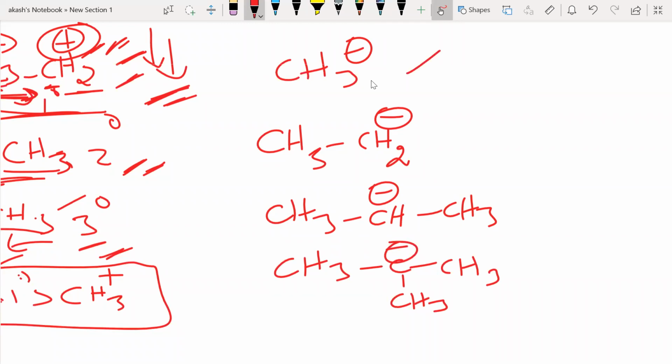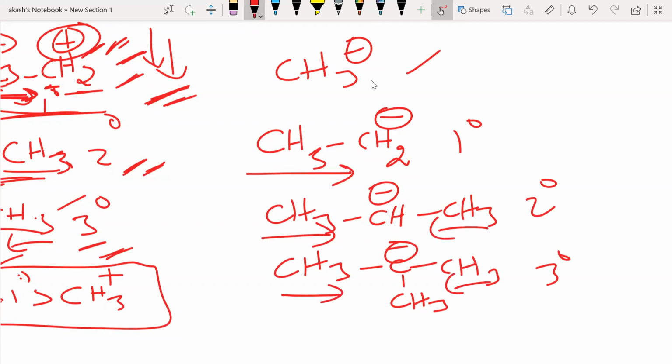Again methyl, primary, secondary, and tertiary. Nothing is going to change, I still have only electron donating groups. Now tell me, guys, if I have an electron donating group attached to a carbanion, what will happen to the amount of negative charge?